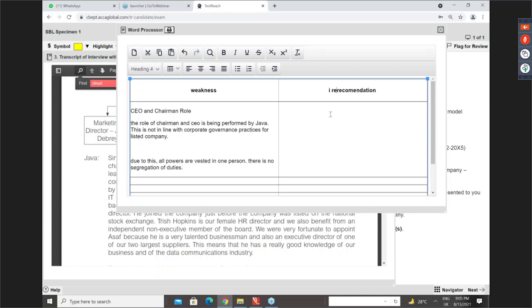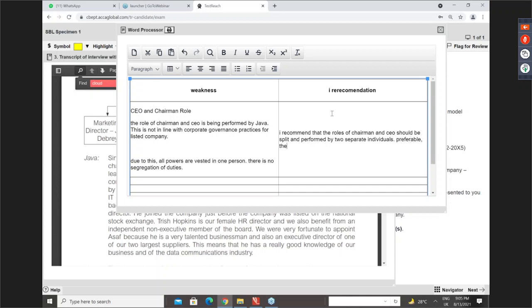I recommend that the roles of chairman and CEO should be split and performed by two separate individuals.